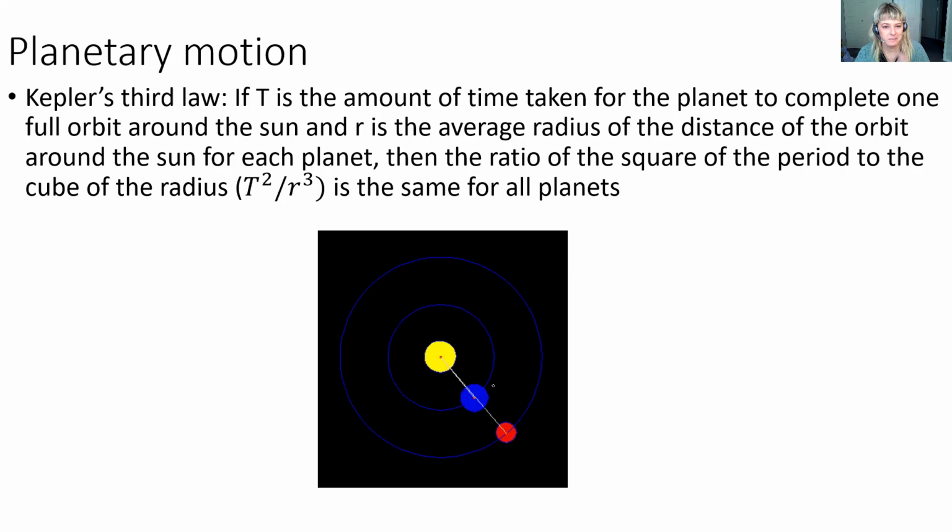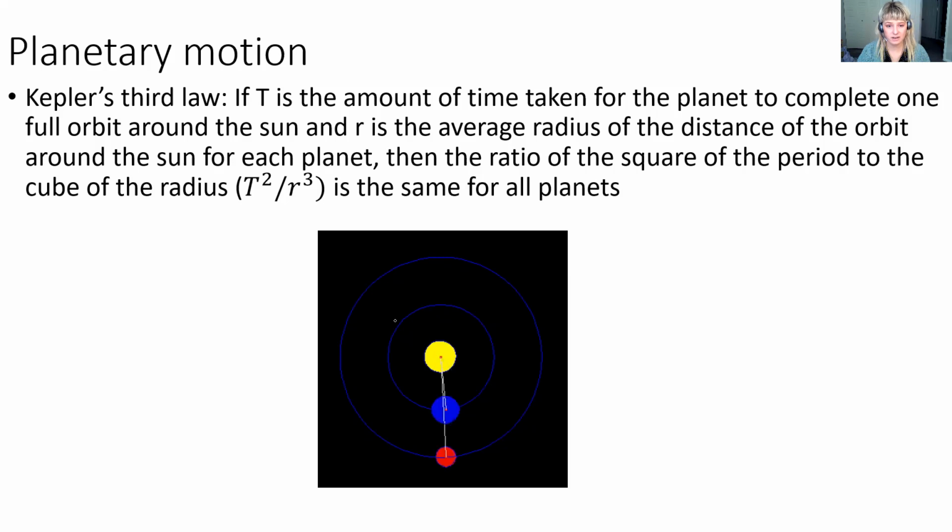Notice that, suppose the yellow one is the sun, and then these two out here are different planets. The inner one has a small radius. That means it also has a smaller period.